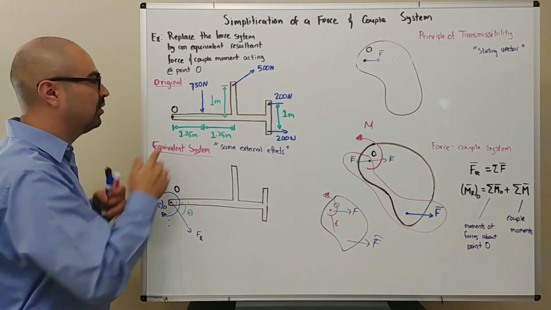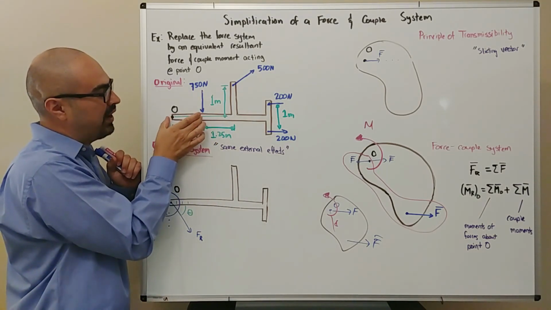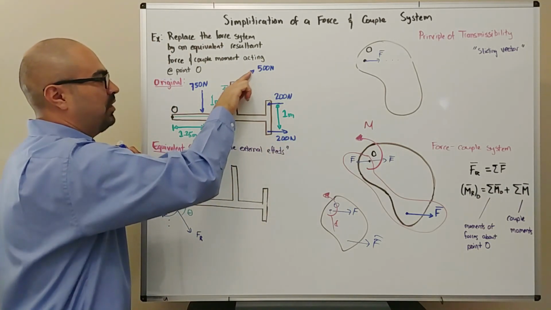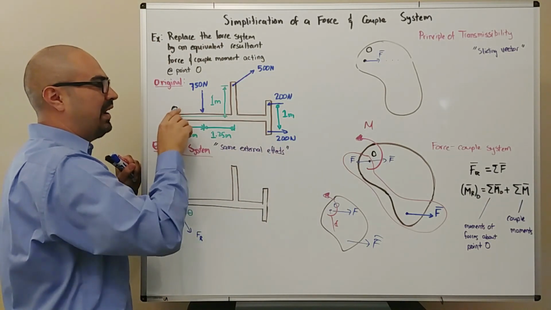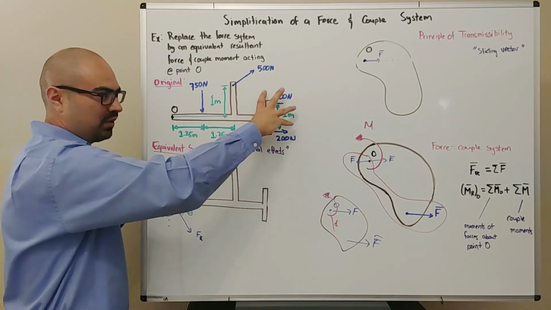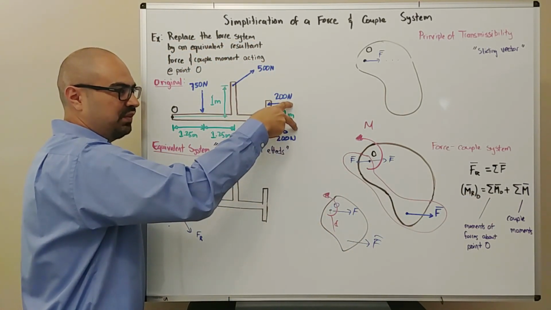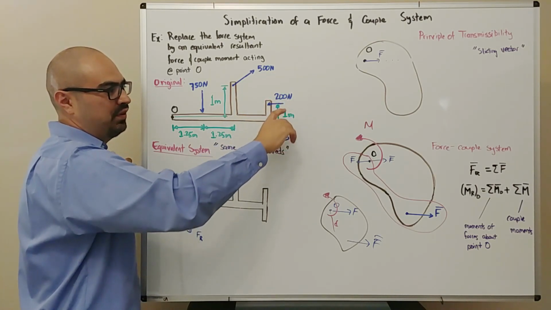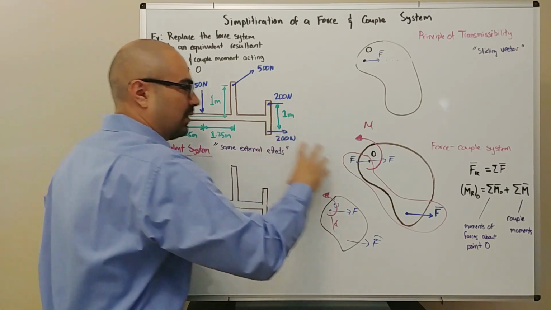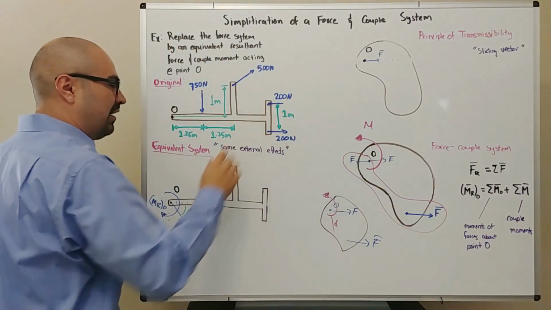In this example, 750 doesn't pass through point O, so it's going to generate a moment about point O. The 500 force probably doesn't pass through point O either, so it's going to generate some moments. And then over here we have two forces that are parallel, same magnitude, opposite direction, separated some distance. This is a couple, so we're going to have to account for it.